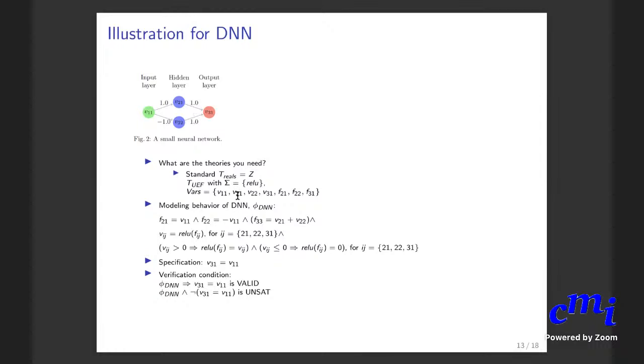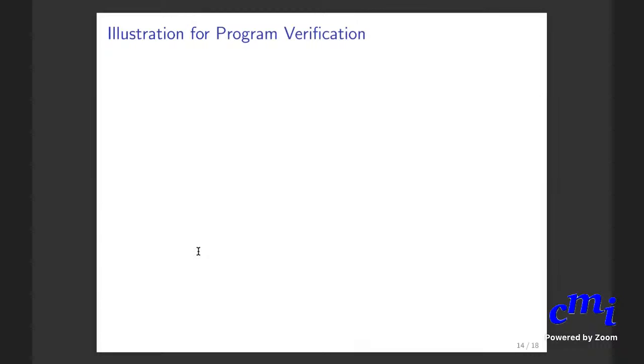And the ReLU is where I'm using the theory of equality with uninterpreted functions. And ReLU has an if-then-else kind of structure, which I'm then handling using propositional logic. So in the next few slides, I want to illustrate how you could use this for program verification.